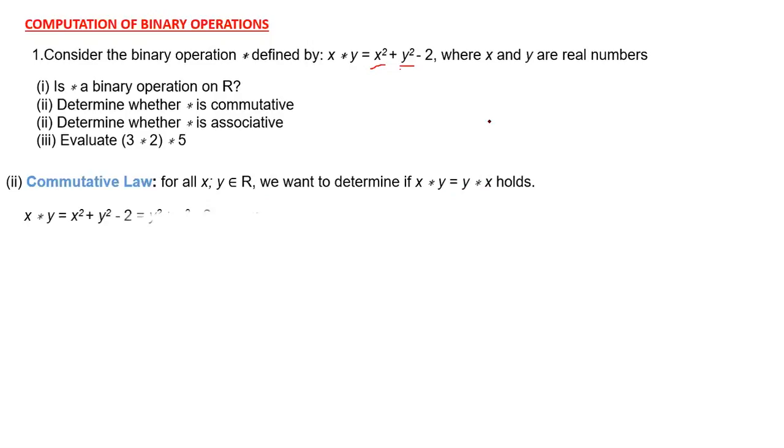So you can see there, when you replace where there's x, you put y, where there's y squared, there you put x squared. You still get the same answer. That's how it is. So meaning here, the commutative law is, star is commutative. According to this question, star is commutative because we're getting the same answers.